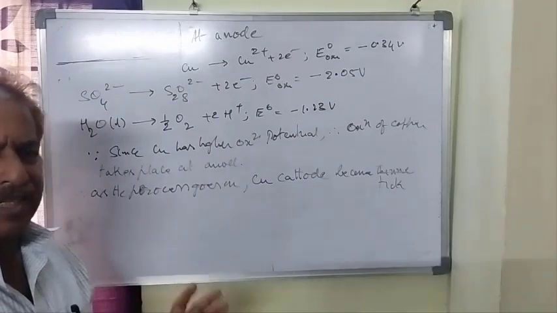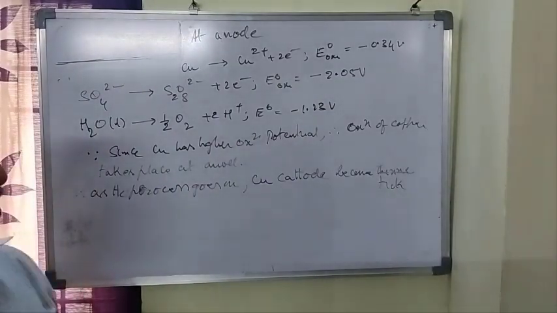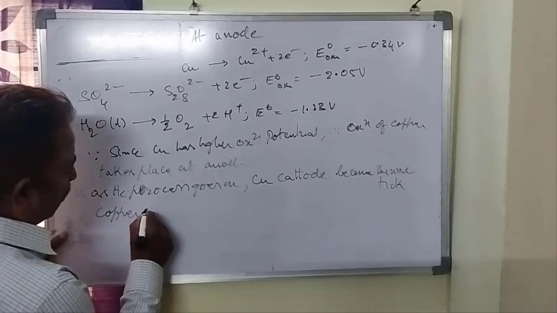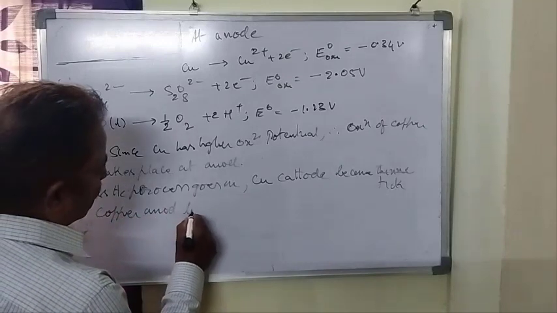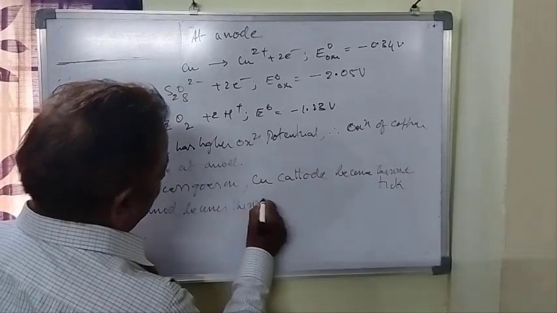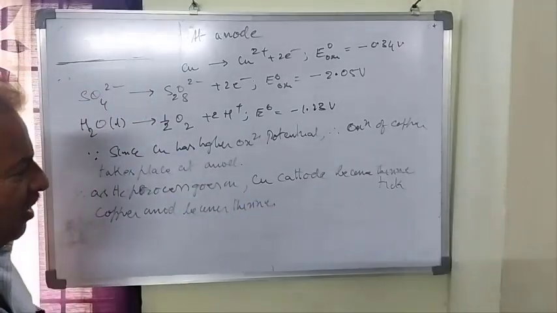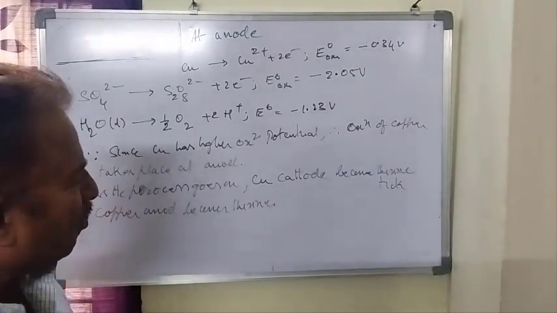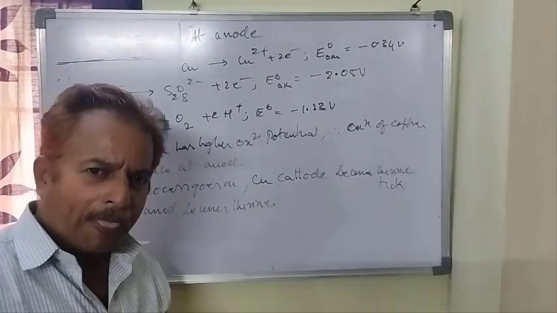That means its size increases. On the other hand, the copper anode becomes thinner. Thinner means it becomes lighter and lighter. Anode weight becomes less and cathode weight becomes more.